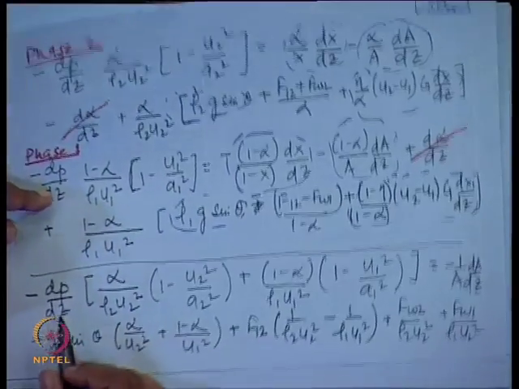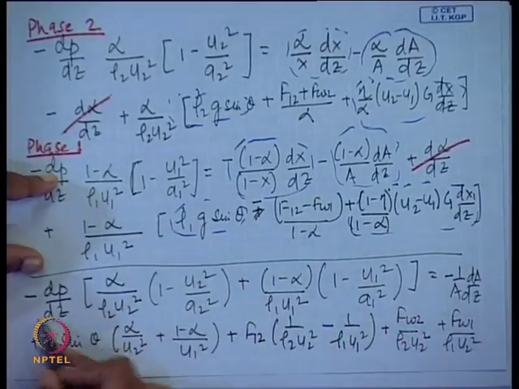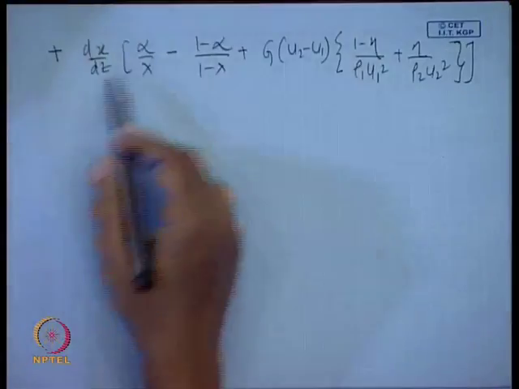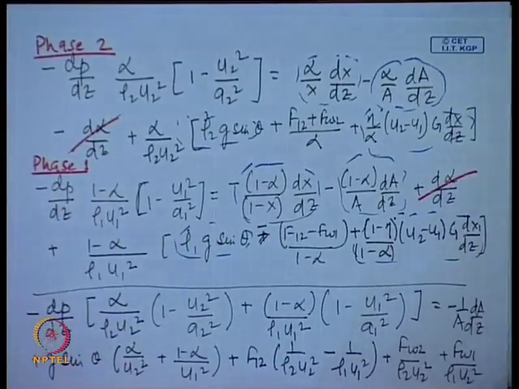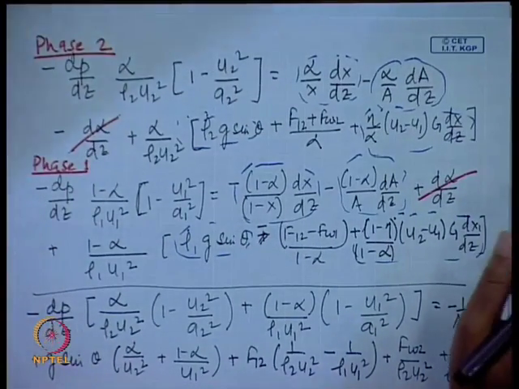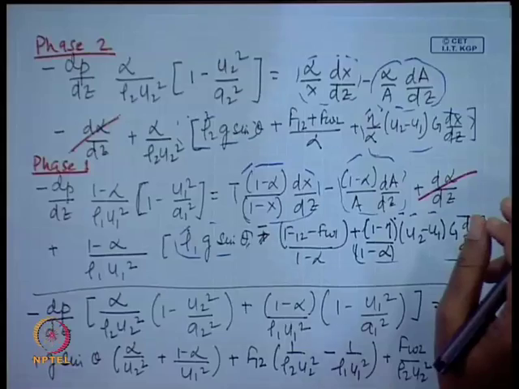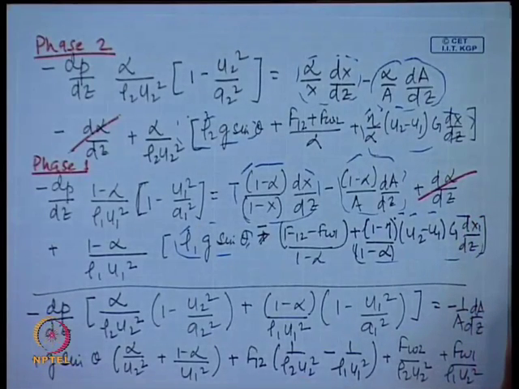We have this particular equation, this left hand side equals this whole right hand side. Now, you tell me from this particular expression what will be your condition of choking under the present case. What is the condition of choking?